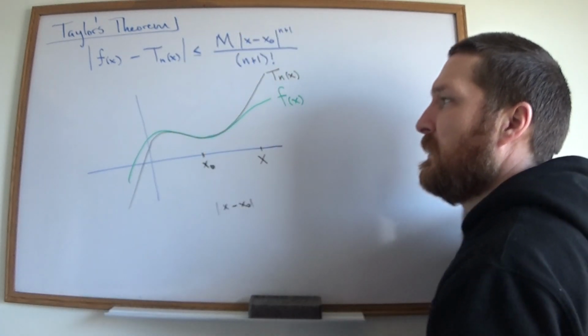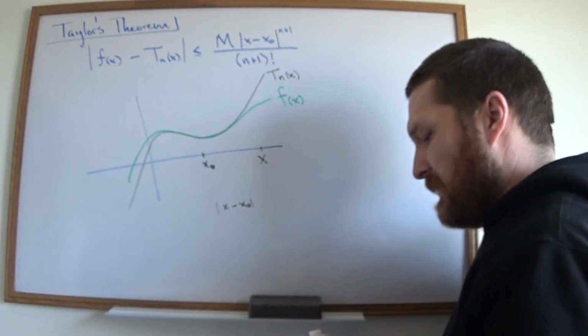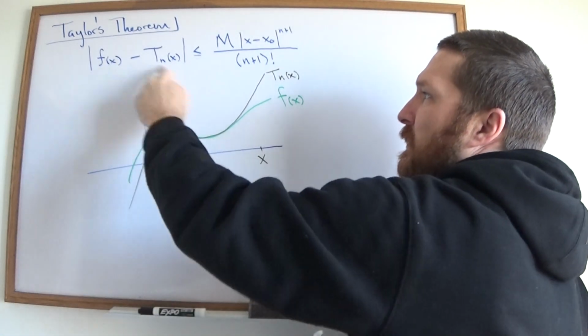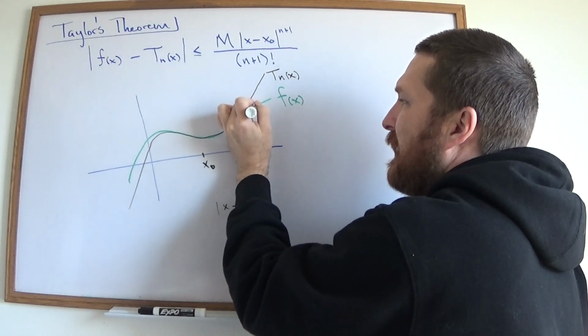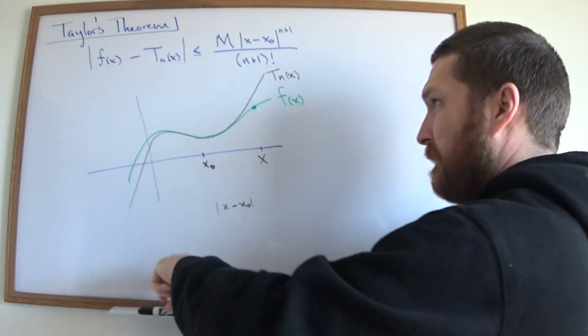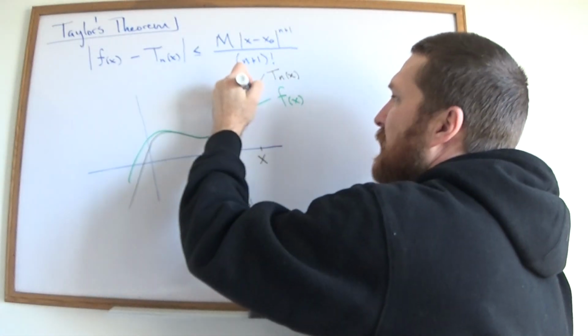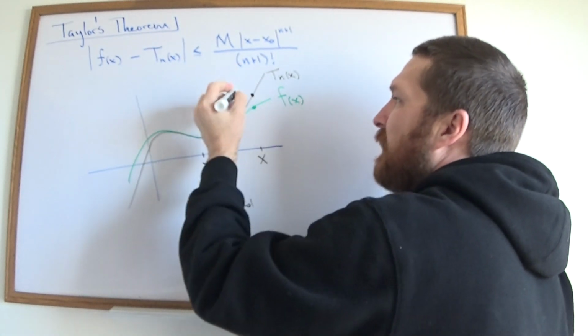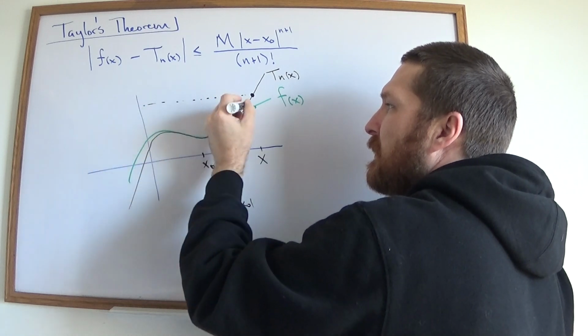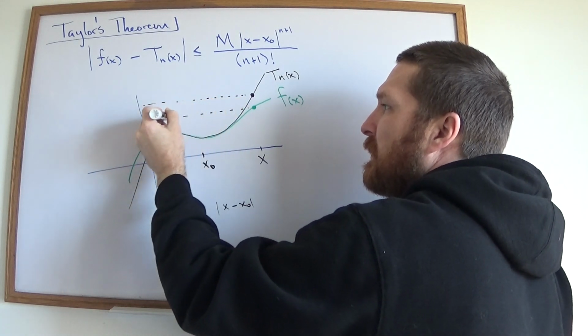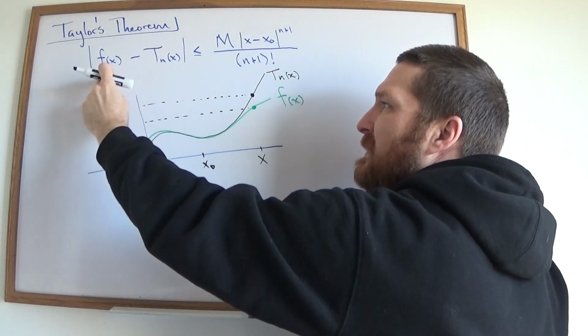And this is telling us that the difference between the function itself at that value x and the Taylor approximation is this distance right there.